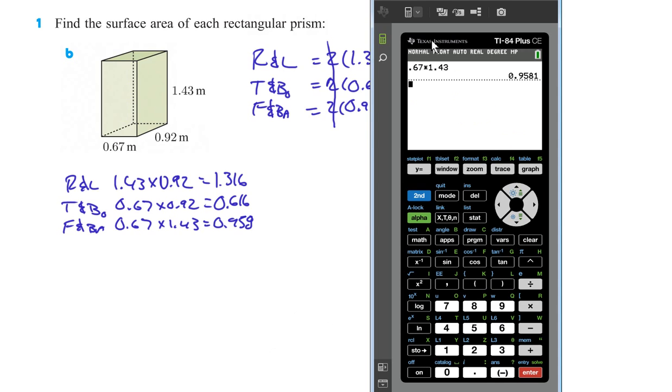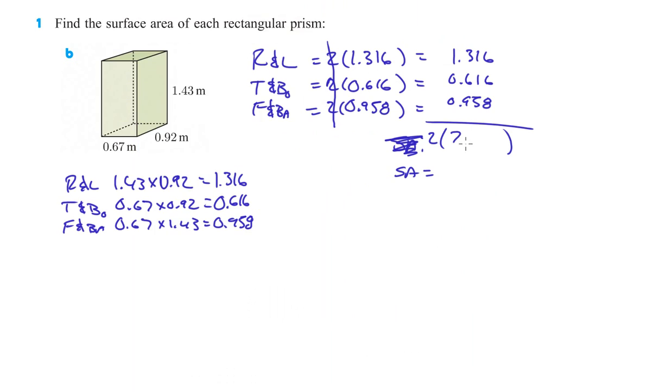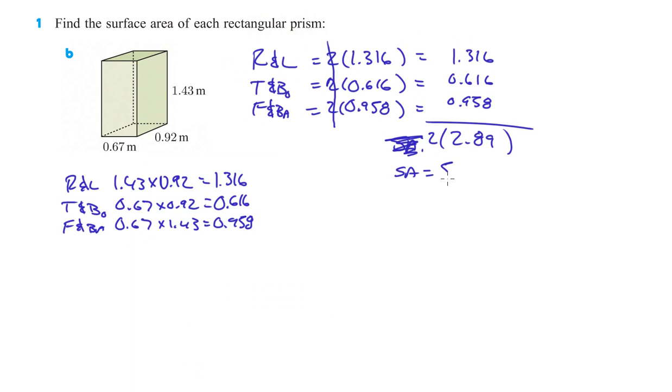So 1.316 plus 0.616 plus 0.958 gives us 2.89, and we double that, so times 2, and our total surface area is 5.78 meters. Since we're talking about area, it's meters squared.